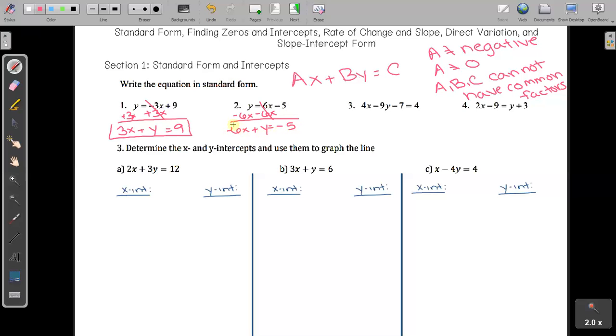Our a, which is negative 6, cannot be negative. So we have to take that whole equation and multiply it by negative 1. So all it does is flip all the signs. So negative 6x becomes positive 6x, plus y becomes minus y, and then negative 5 becomes a positive 5. So now it's in standard form. Three and 4 are very similar. You just have to combine your like terms first.